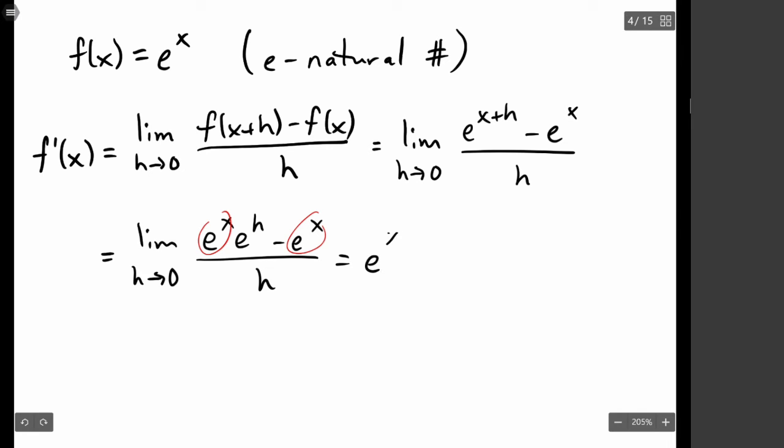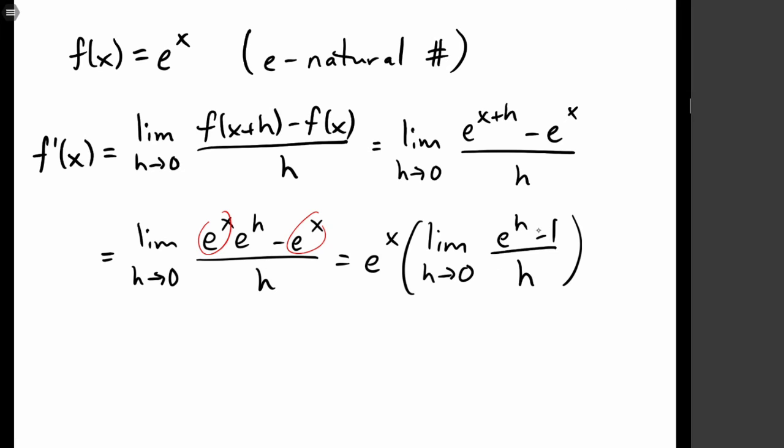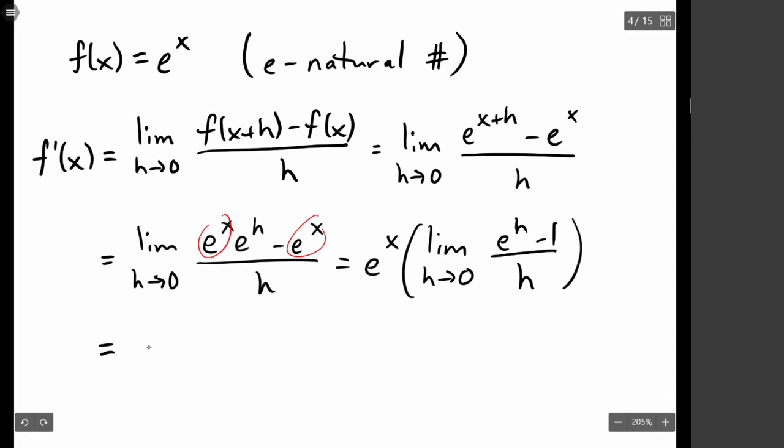And so we wind up with this: the limit of e to the h minus 1, times 1 over h. All right. So now the question is, well, what is the value of this limit? I'll leave it up to you to check the value of it.